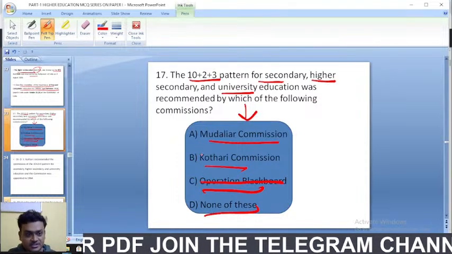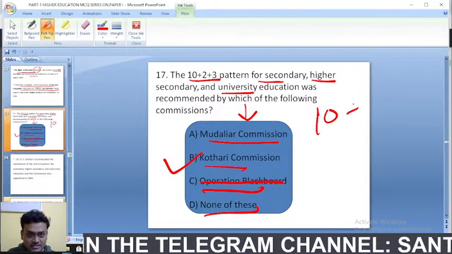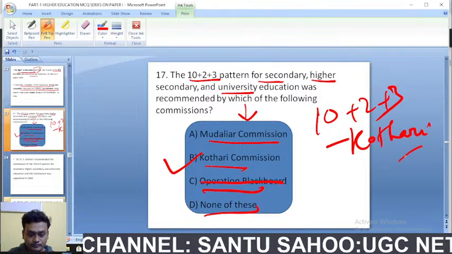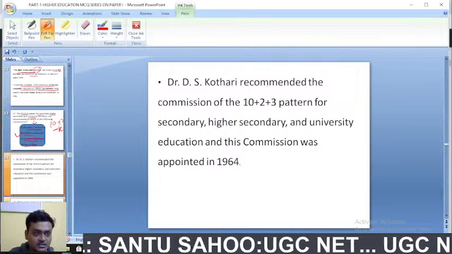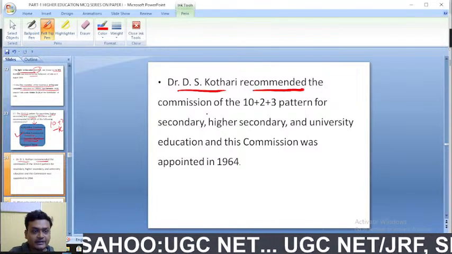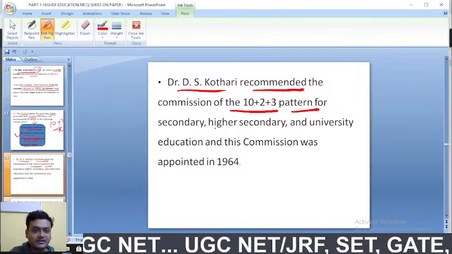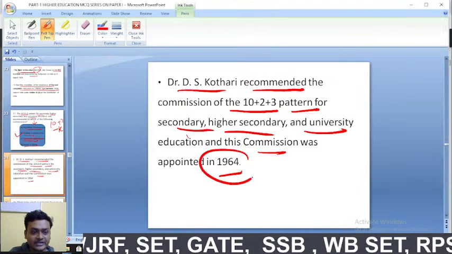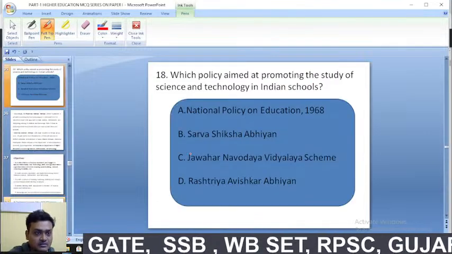It's Kothari Commission. Dr. D.S. Kothari recommended the 10 plus 2 plus 3 pattern for secondary, higher secondary and university education, and this commission was appointed in 1964. Kothari Commission.